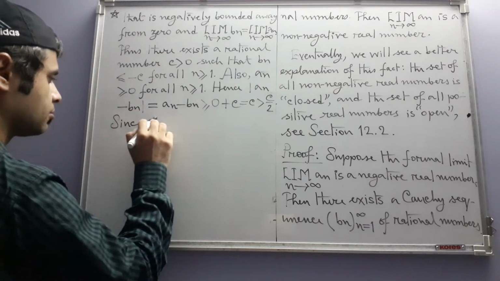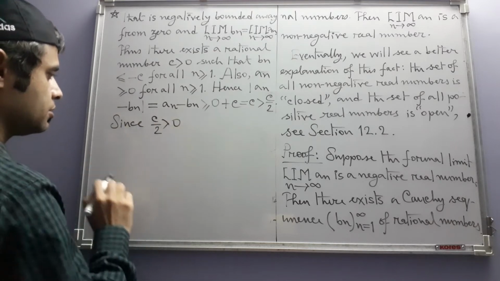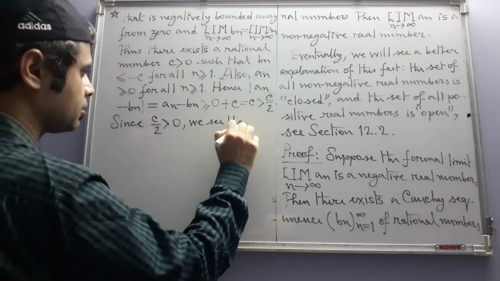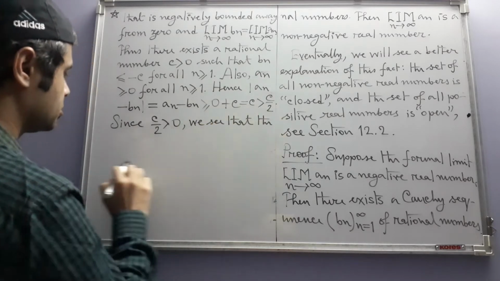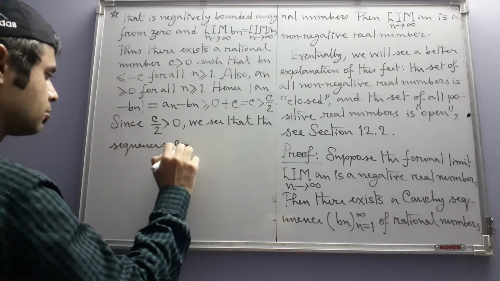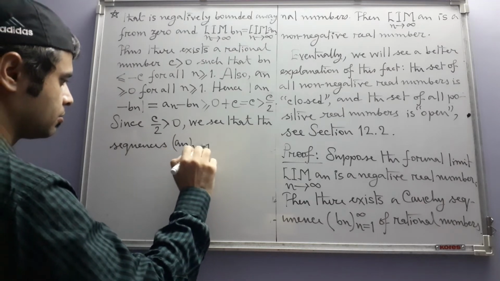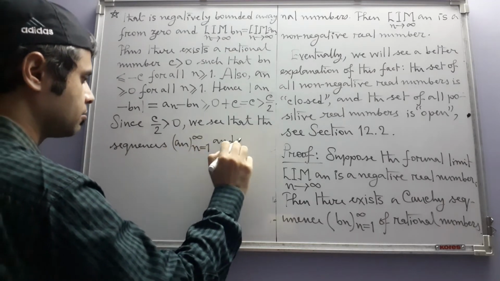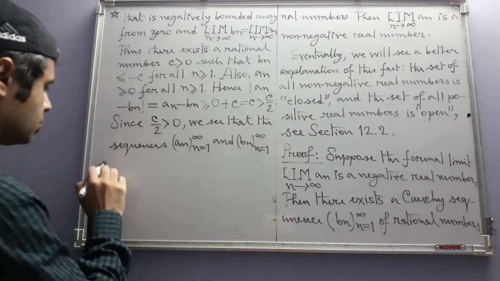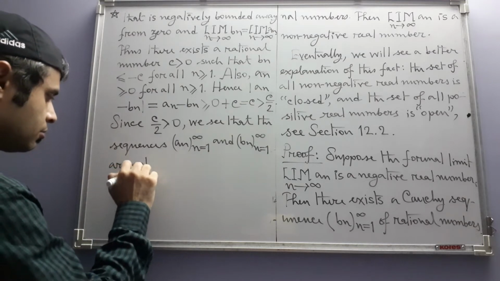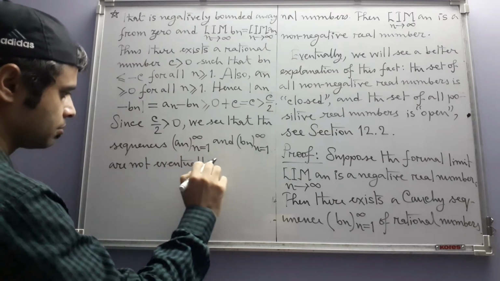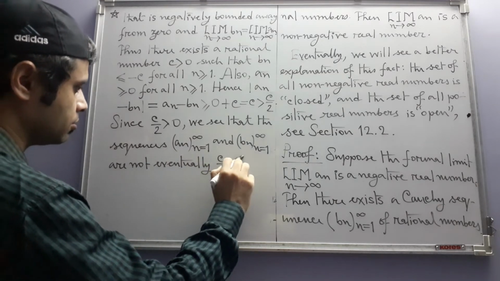Since c by 2 is greater than 0, we see that the sequences an and bn are not eventually c by 2 close.